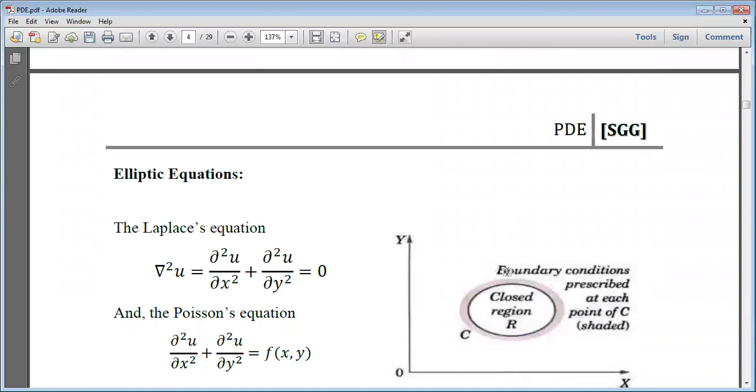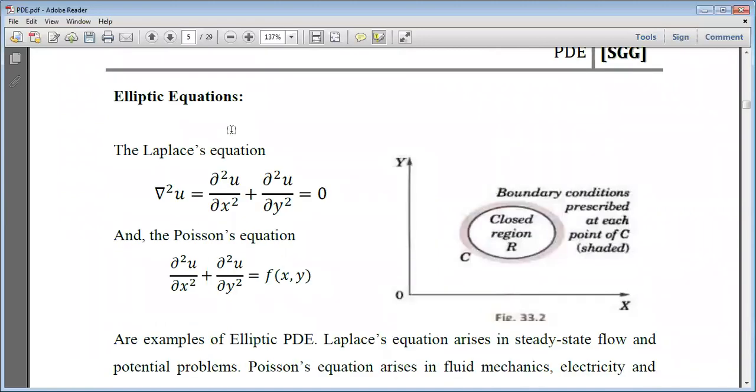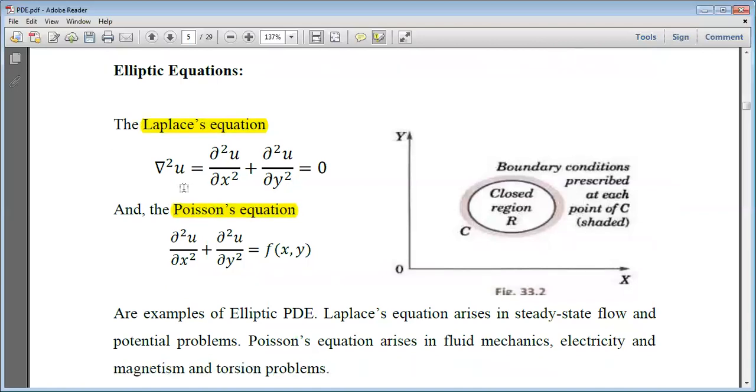Now let us understand what an elliptic equation is. Elliptic equations are of two types. The first one is the Laplace equation and the second one is Poisson's equation. Let us understand the difference between Laplace and Poisson's. The Laplace equation: ∇²u equals ∂²u/∂x² plus ∂²u/∂y² is equal to 0.